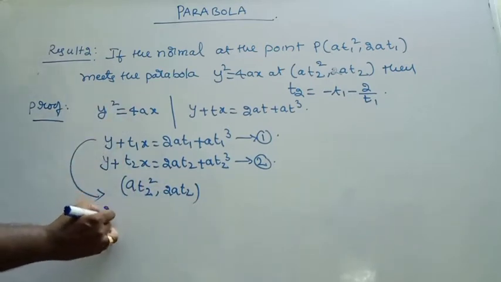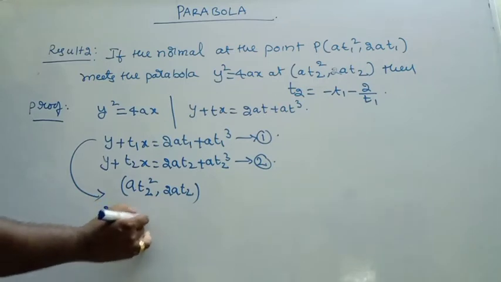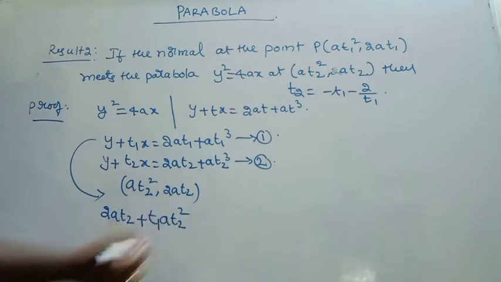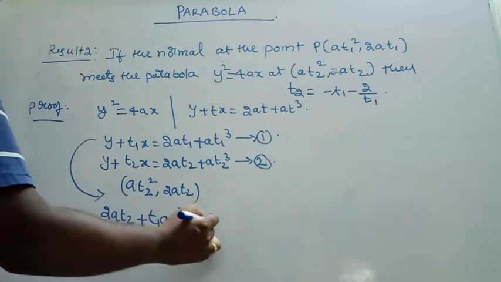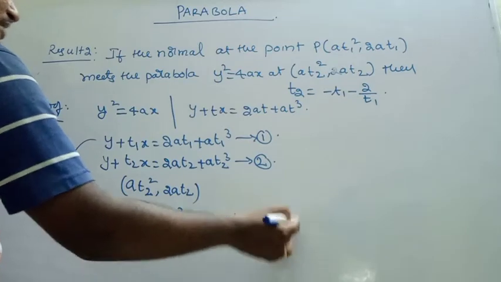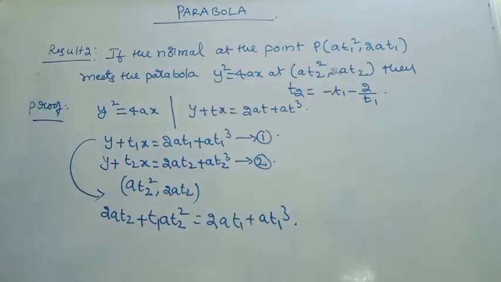Y means 2at2 plus t1x, and x means a times t2², and this is equal to 2at1 + at1³. Now let us bring this to this side.